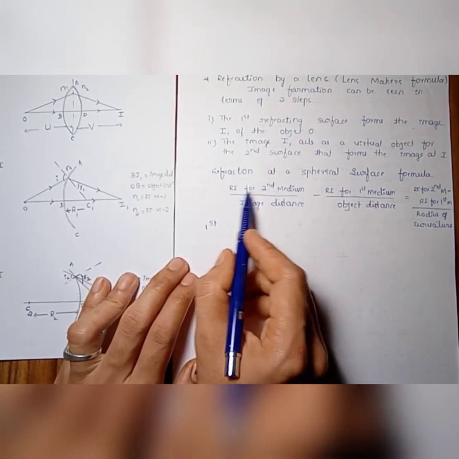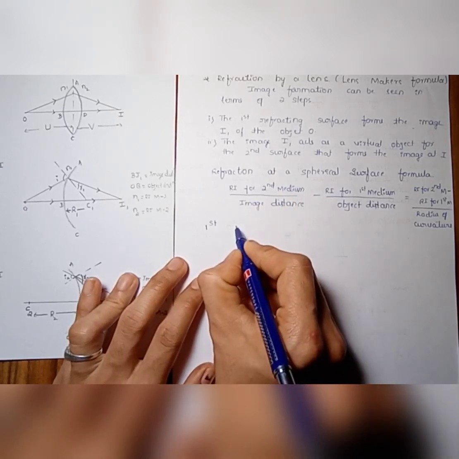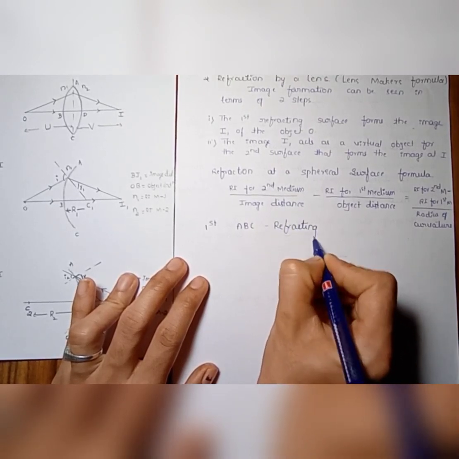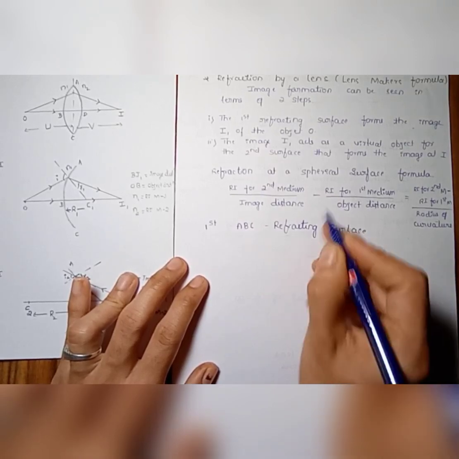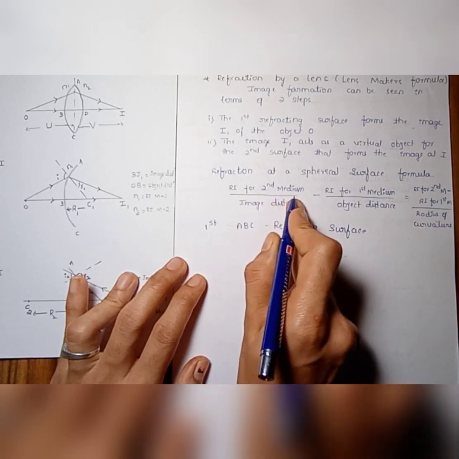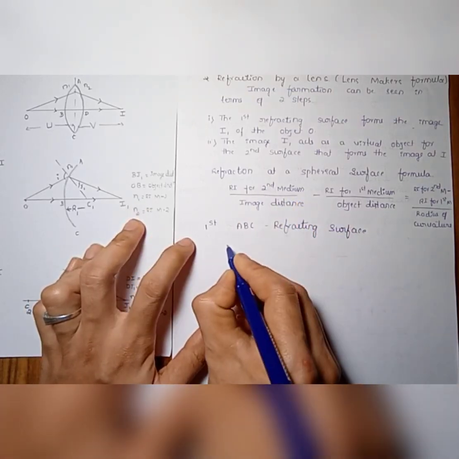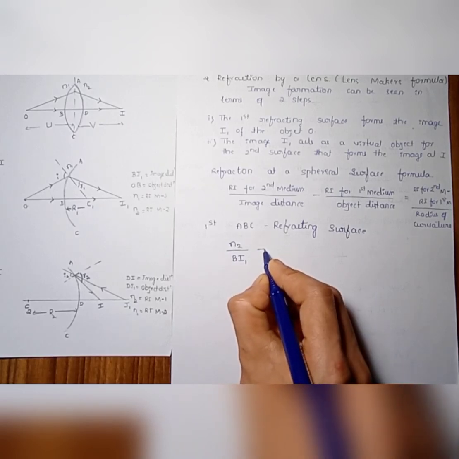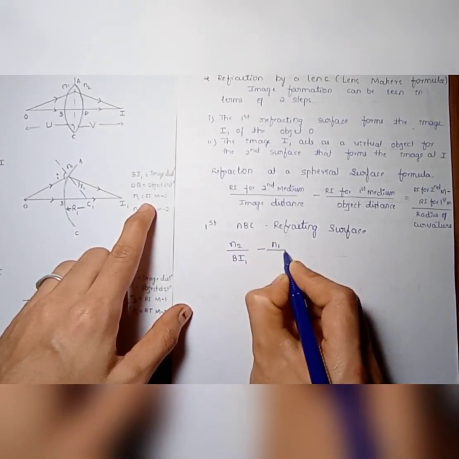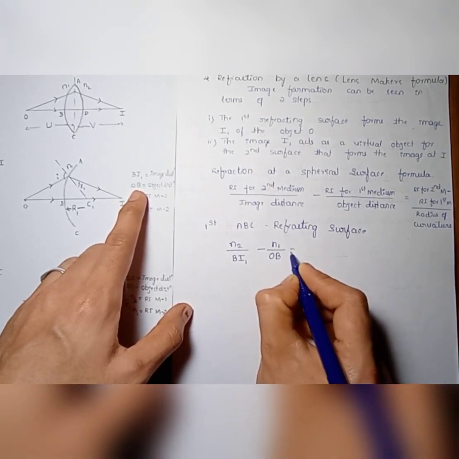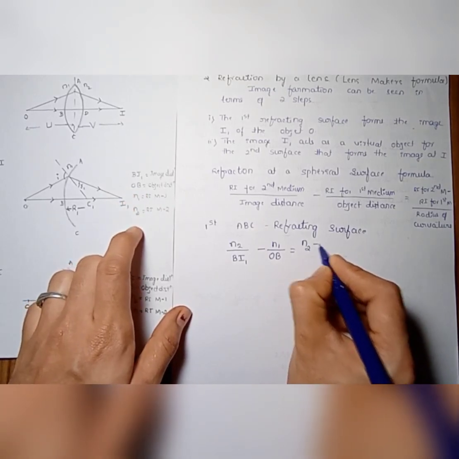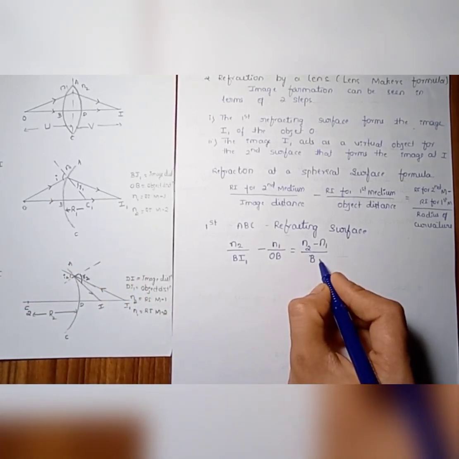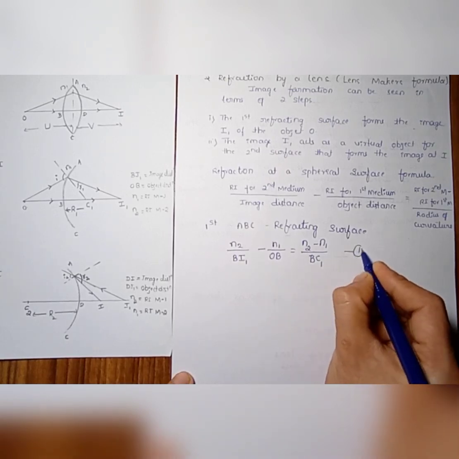Now apply this refraction at a spherical surface formula to the first refracting surface ABC. Then the formula becomes N2 by image distance BI1, minus N1 divided by object distance OB, is equal to N2 minus N1 divided by radius of curvature BC1. This one is equation 1.